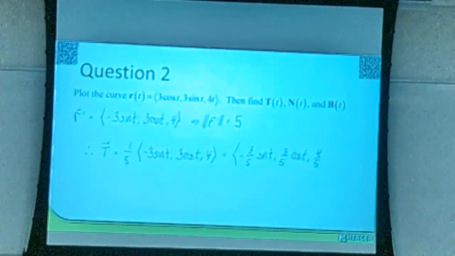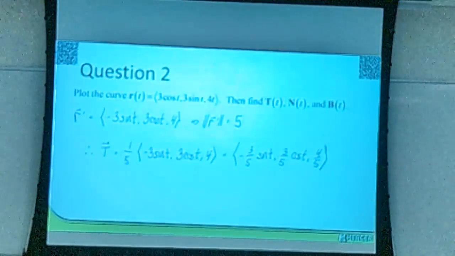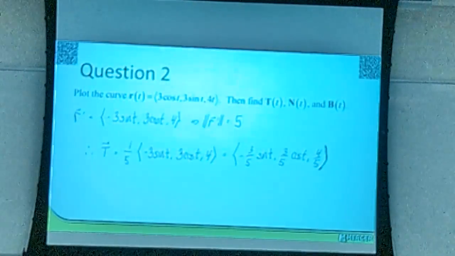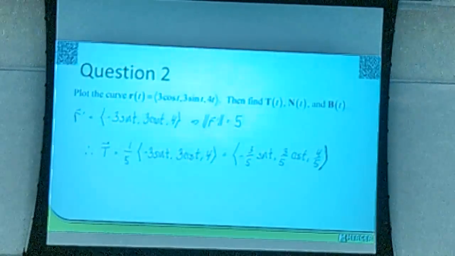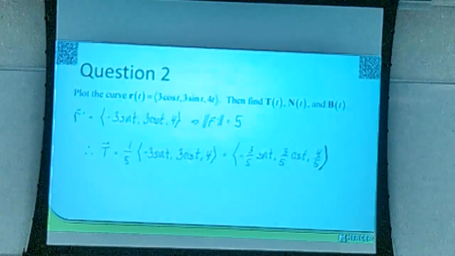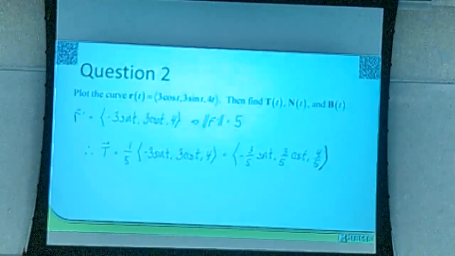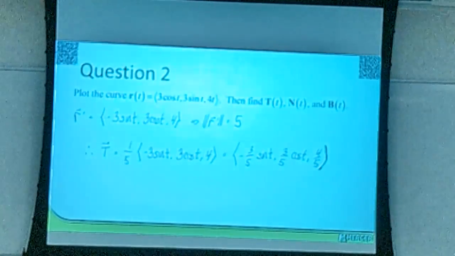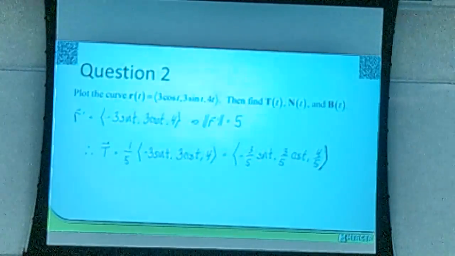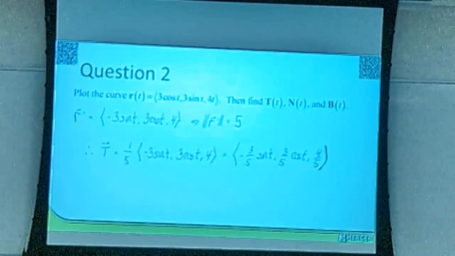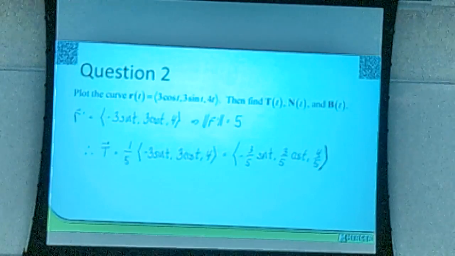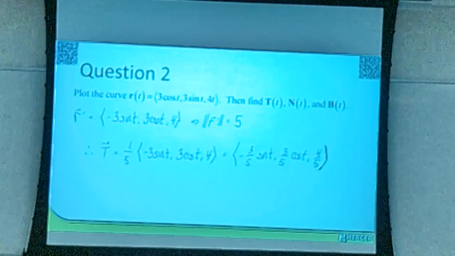That is the unit tangent. Are we done for the unit tangent? Which is the first one, right? No, the second one. So what is the first one? It's just r prime and then the magnitude. Oh, okay.